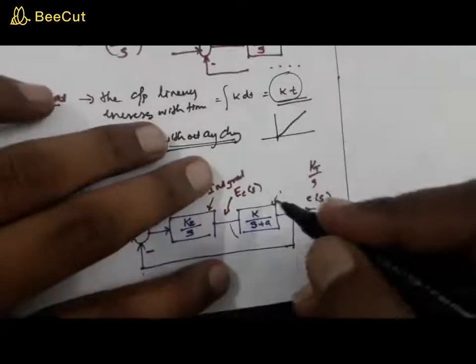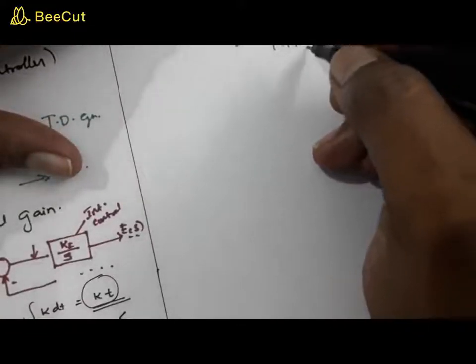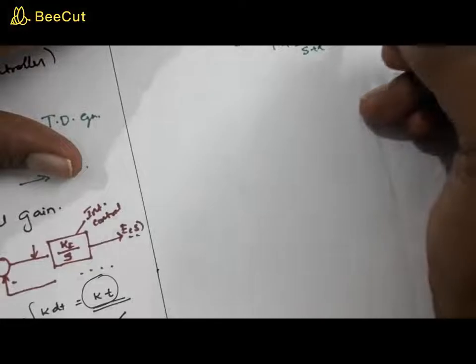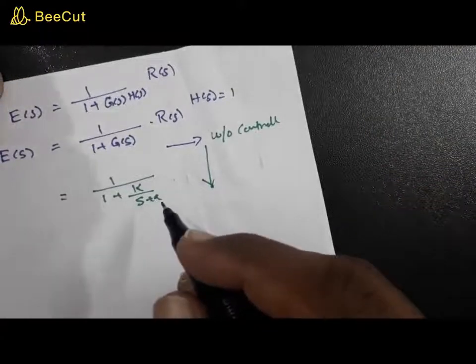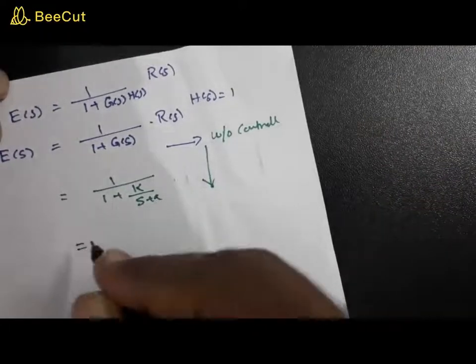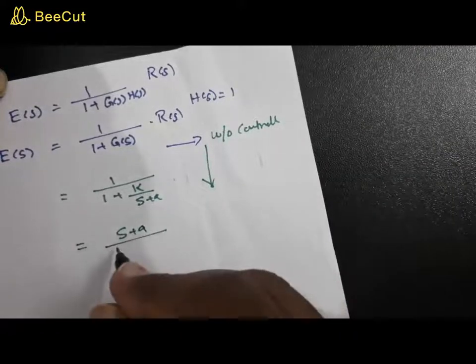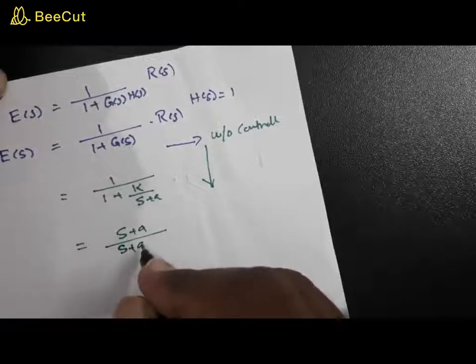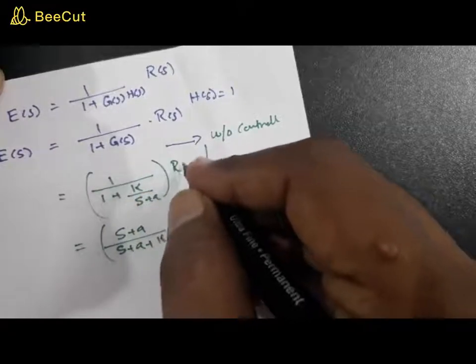We have considered K by (s plus a) as your G of s, so you can substitute that: 1 by (1 plus K by (s plus a)). So this is without the controller. This becomes (s plus a) divided by (s plus a plus K), the whole into R of s. There is an R of s.